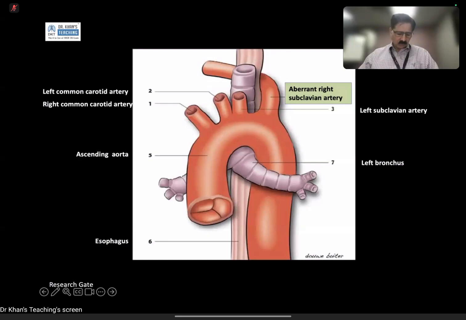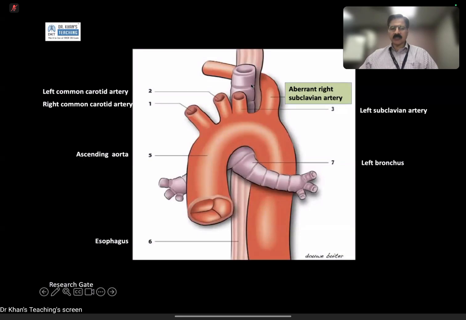Now, quickly, a few details. There are two different things here, rather three different things here, which can happen around this. The aberrant right subclavian artery actually arises distal to the left subclavian, and it can pass posterior to the esophagus.